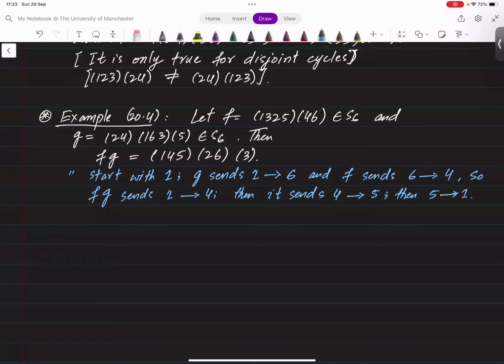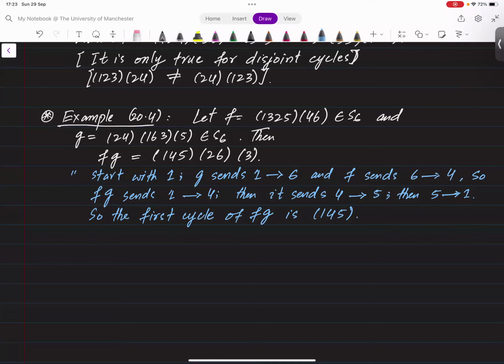Similarly, G sends 5 to 5, and F sends 5 to 1. So FG sends 5 to 1. And so the first cycle of FG is 1, 4, 5.